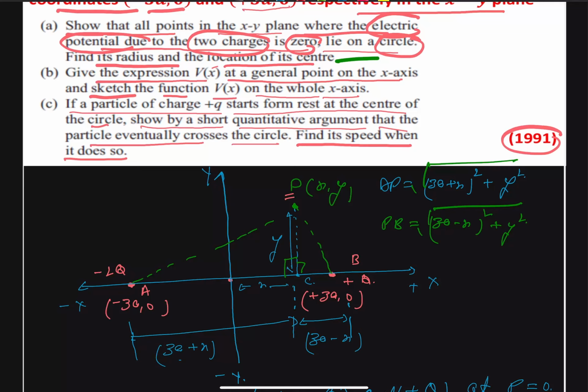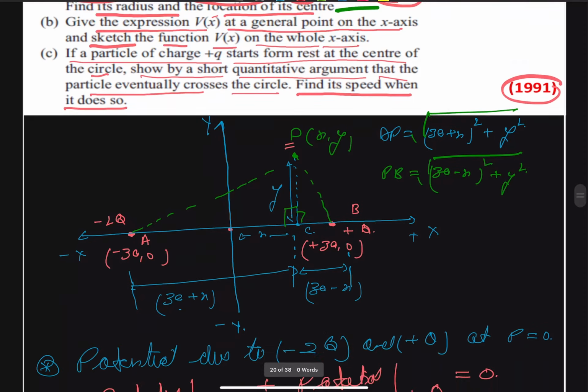So we can say the potential will be equal to the potential due to q as well as the potential due to minus 2q.